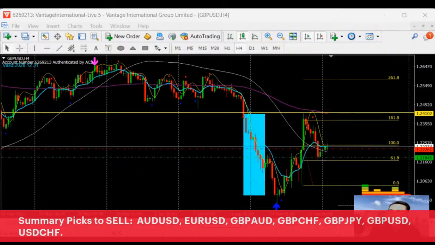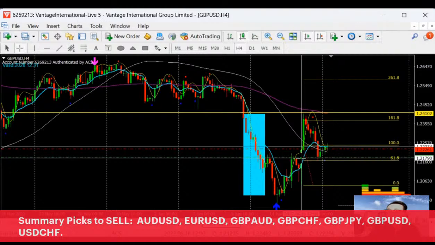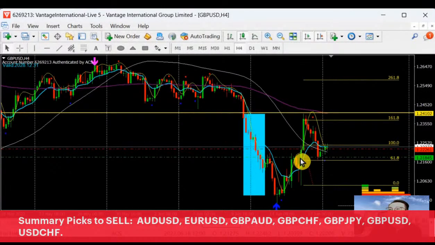Right now the 100 mark is here, where you were saying it is trying to break out of the price of this candle. Am I right? I don't really understand this 161 still stuck around.